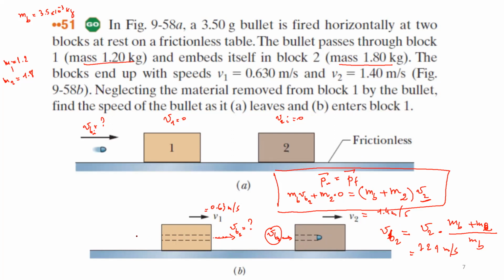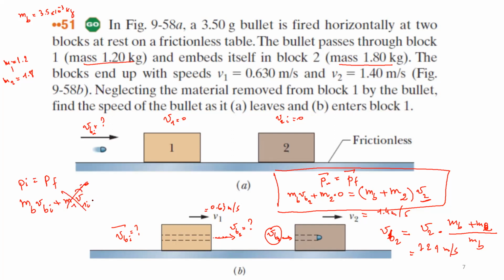I can get the initial velocity VB of the bullet. How will I do it? I will also use conservation of linear momentum. So linear momentum before is equal to linear momentum after. Linear momentum before will be the mass of the bullet multiplied by VB initial that I don't know, plus the mass of the block multiplied by the initial velocity of the block, which is 0.